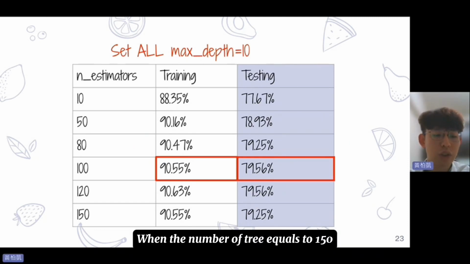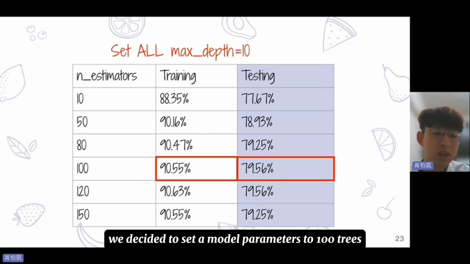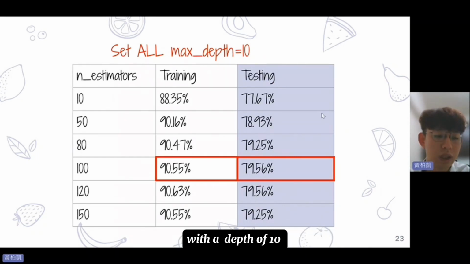When the number of trees equals 150, the training accuracy is equal to the 100-tree training accuracy, but the testing accuracy begins to decrease. Therefore, we decided to set the model parameters to 100 trees with a depth of 10.